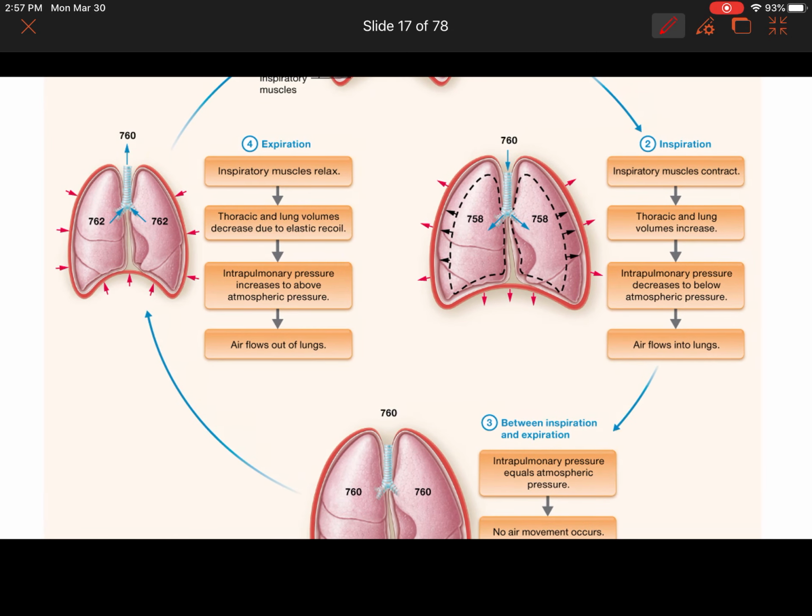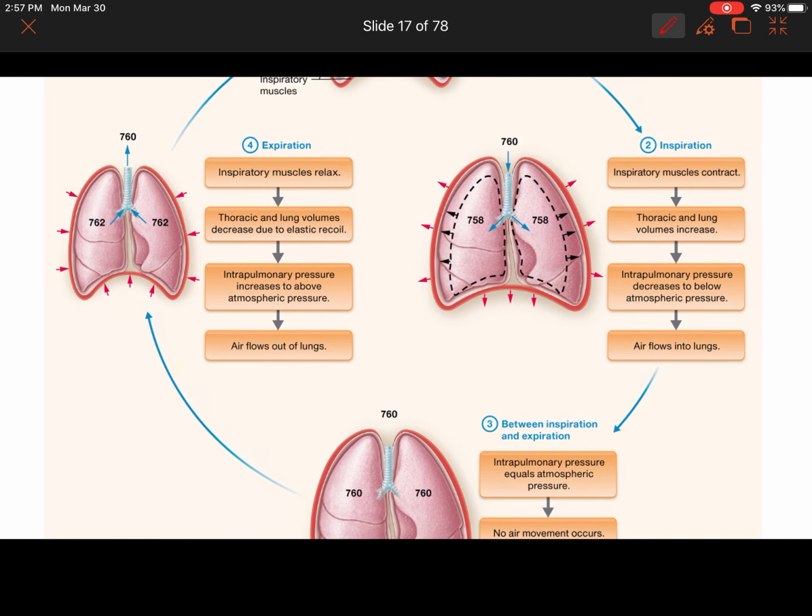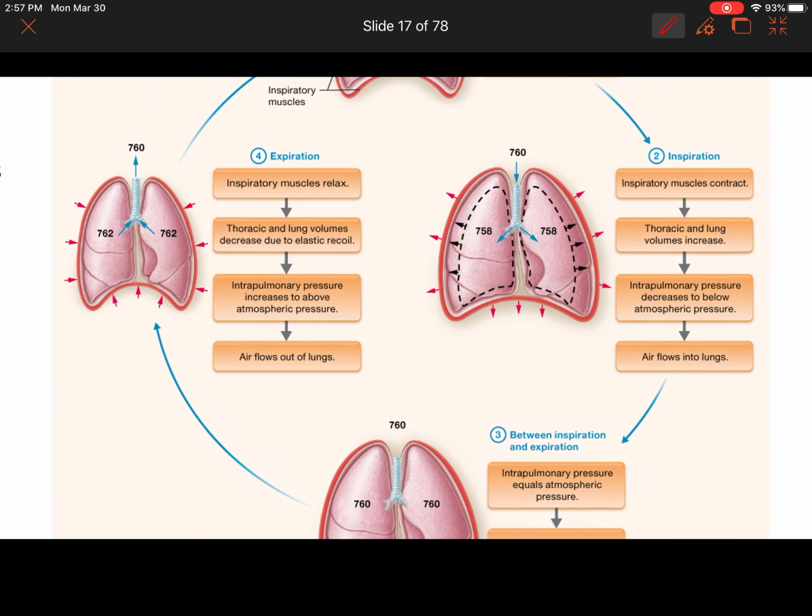When we go to take in a breath or inspire air, the rib cage is drawn up and out. The diaphragm is drawn down. And this causes the volume of the thoracic cavity to go up. So our volume is now increased from where it was.